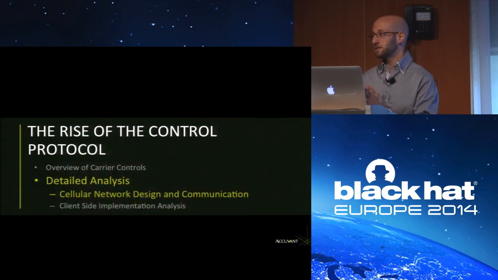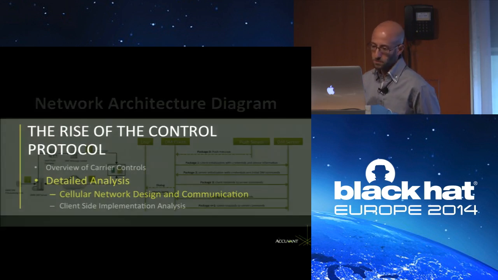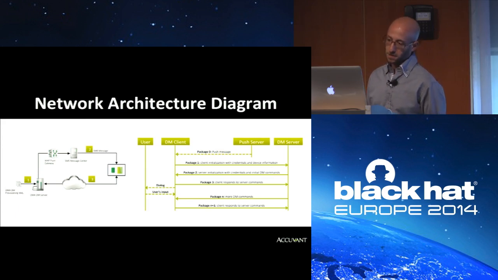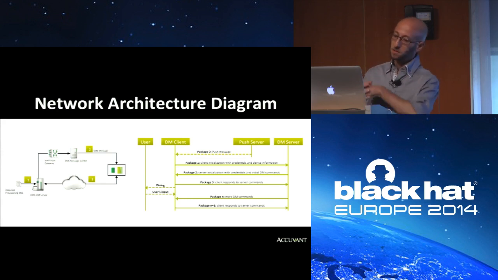Okay, let's dig into this and get into the nitty-gritty. We're going to go over the network design and actual communications. So here is the network architecture diagram. Pretty much the basic network style is using a WAP push from the carrier, sent to the device.